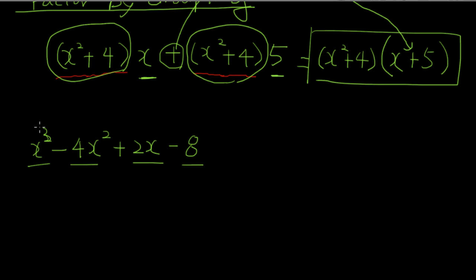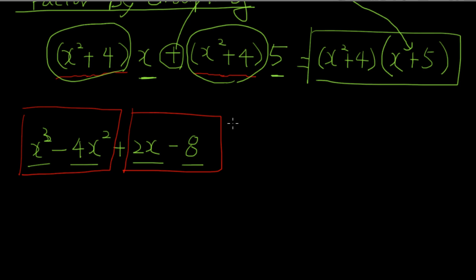Then what we can do is try to group the first two together and group the second two together, and see if we have a common factor between these two and a common factor between these two.